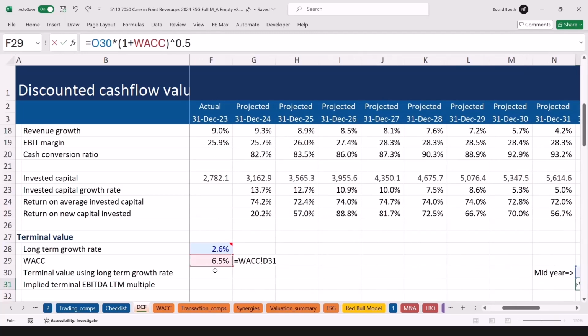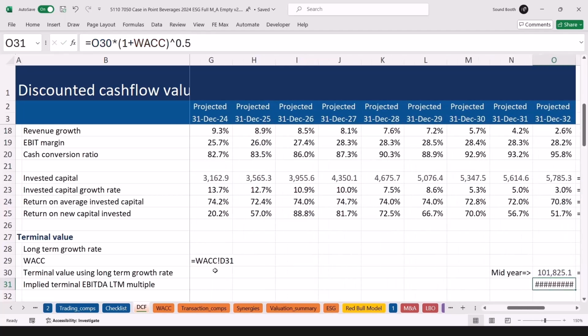And that will actually move it out 6 months forward to the end of 2032. Now, you can see it's slightly higher because that's the value that investors would pay for the ongoing stream of cash flows at the end of 2032 compared to what they'd pay, 101,825, in the middle of 2032.